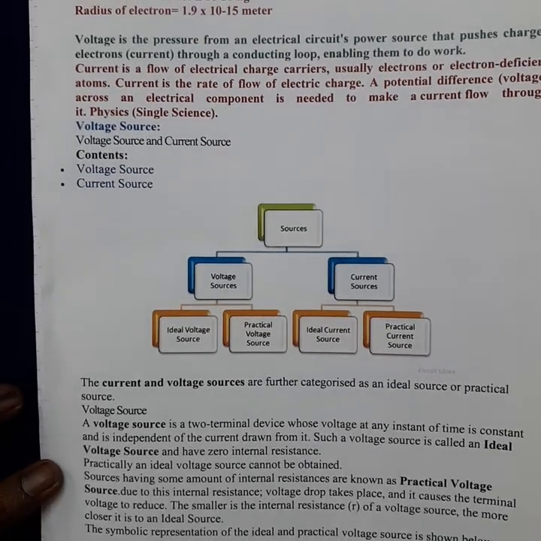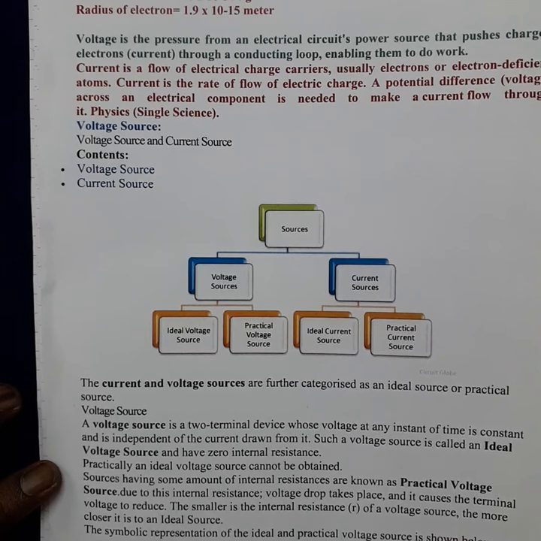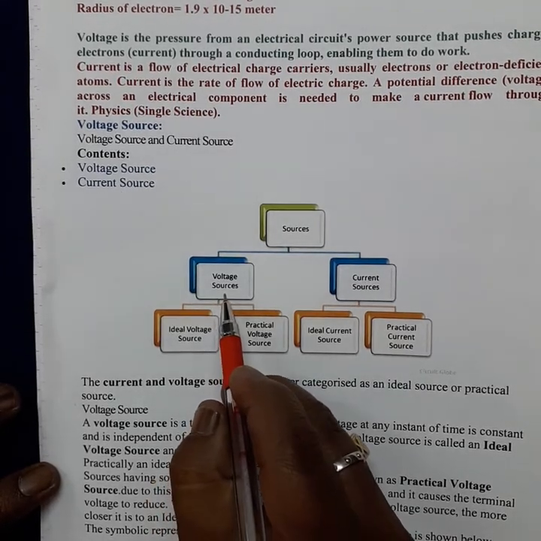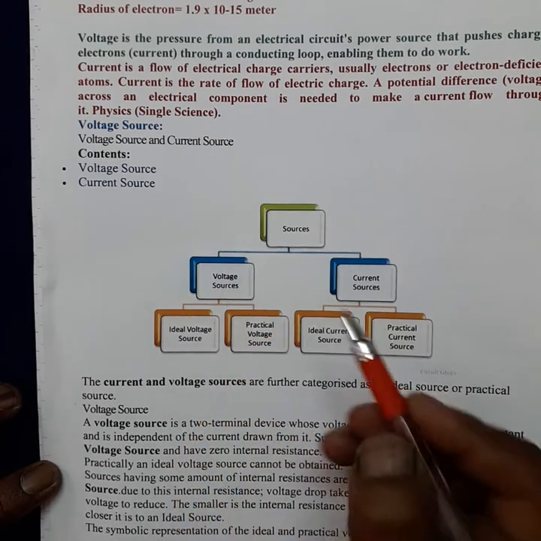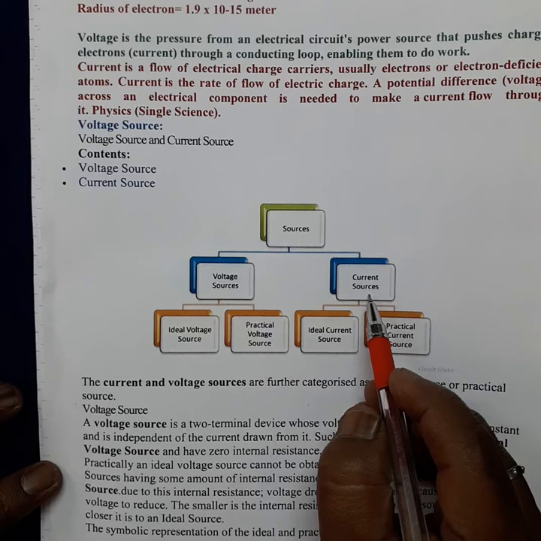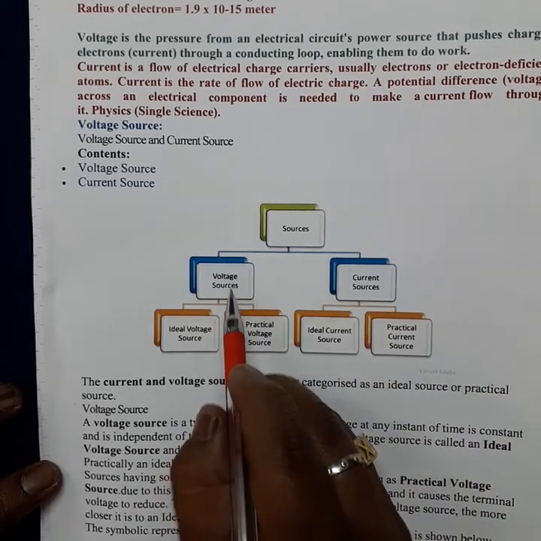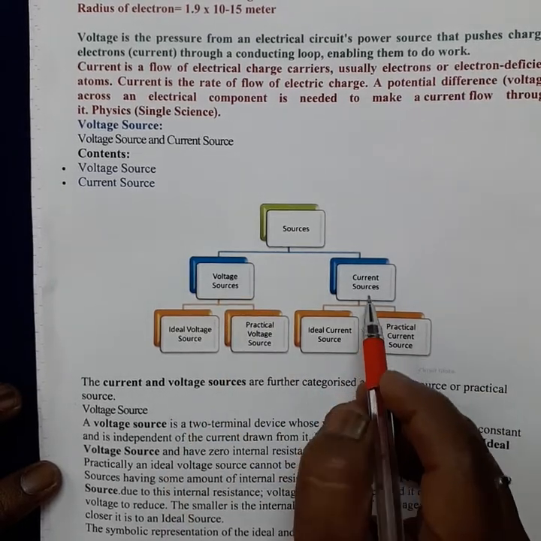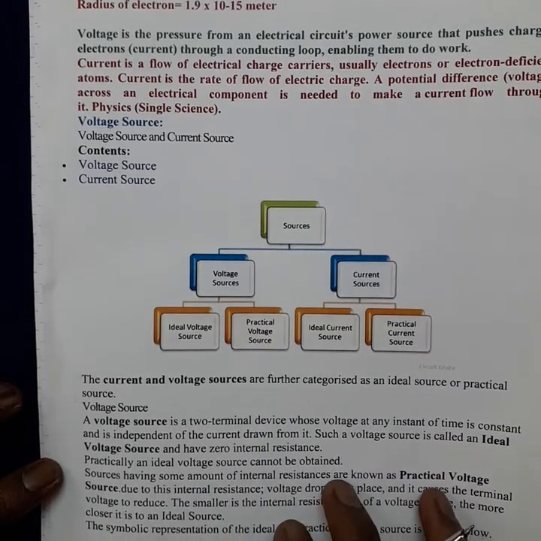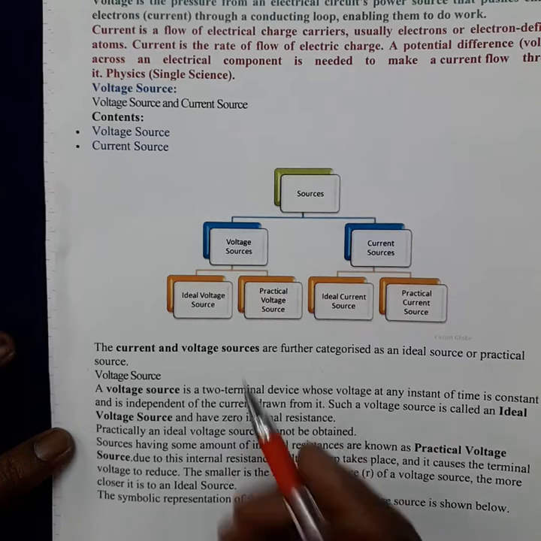So if we say sources, we have two types: one is voltage sources and the second is current sources. The source which provides voltage to the circuit, and the source which provides current to the circuit.